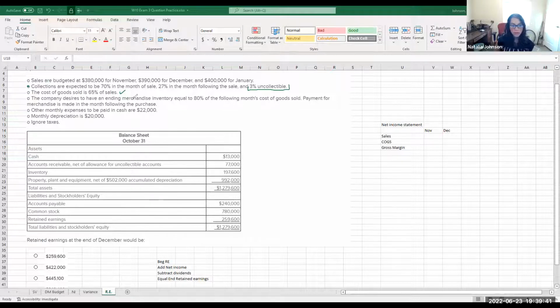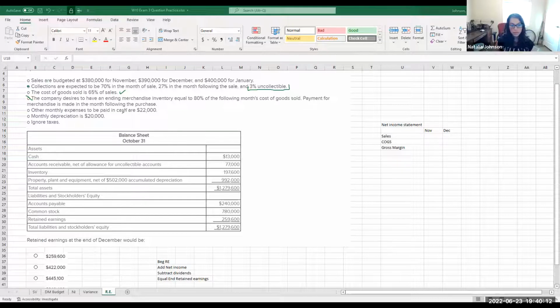The company wants an ending merchandise inventory equal to 80% of the following month's cost of goods sold. Is this important for the net income? No. It's information for the master budget, but it's not important for the net income.